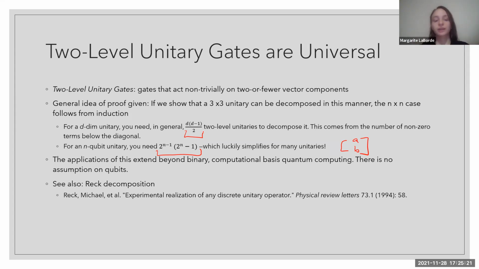So in particular, you can prove that this is true. And so I know that this is true for the quantum Fourier transform. Fun fact, you need d minus 1 over 2. And so if you think about the quantum Fourier transform on a qubit system, then you're going to have that exponential form.